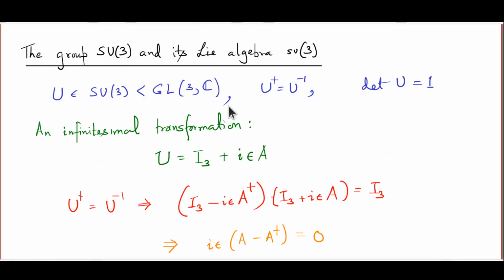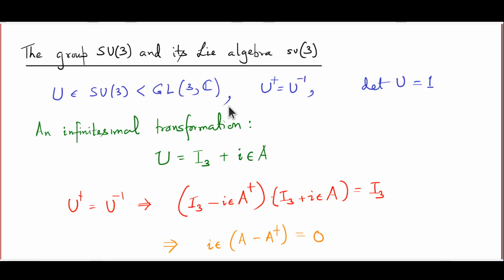Let me wrap up this lecture by talking about a group which is of immense importance in particle physics especially. This is the group SU(3). It is a subgroup of GL(3,C), that is the set of all invertible 3 by 3 complex valued matrices.